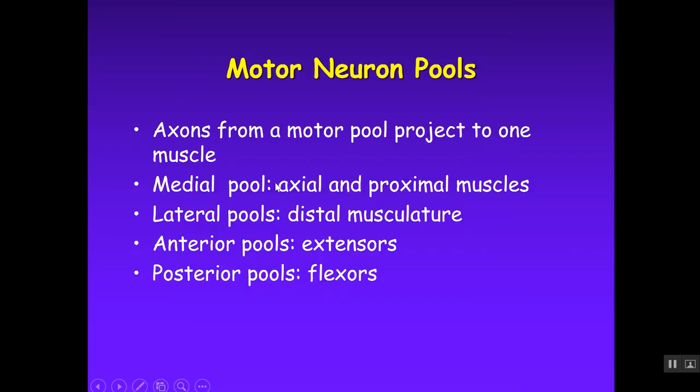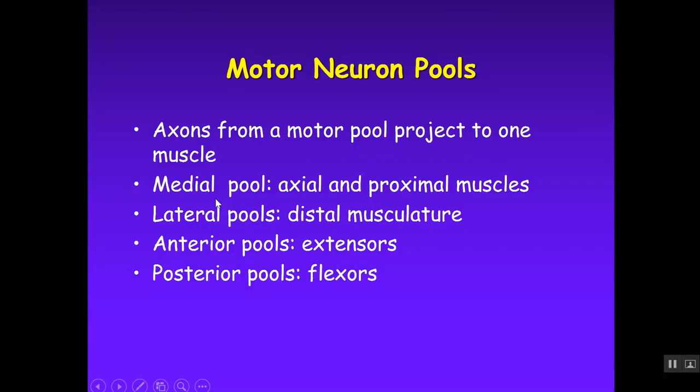Let's talk about motor neuron pools. These are the axons from a motor pool that project primarily to one major muscle, okay? These pools tend to be arranged within the anterior horn in a certain way, okay?